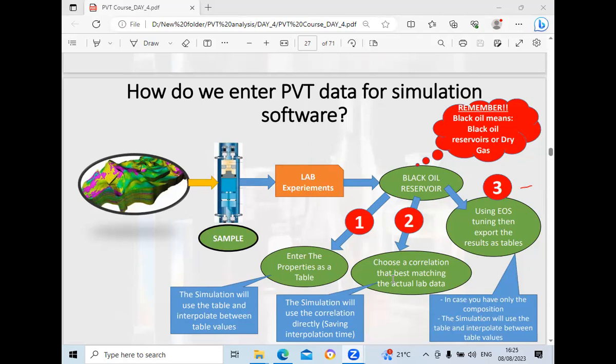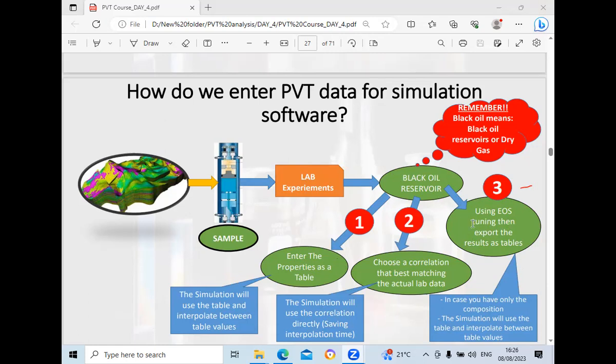That's what we were doing in Prosper when we were talking of PVT matching. So you either use the table, the value that you obtain from the lab, or you choose a correlation, and we have to do what we call PVT matching, choosing the correlation that best matches our data. Or you can still develop an equation of state, even though this third option is not widely used for a black oil model.